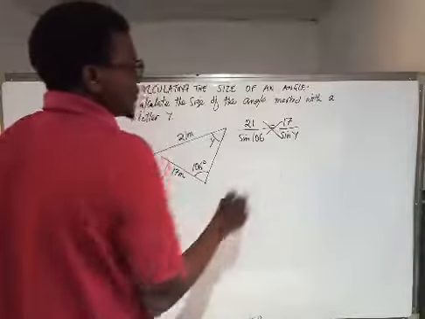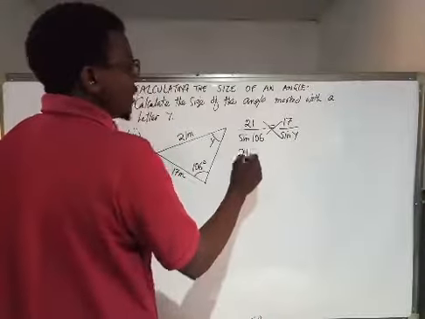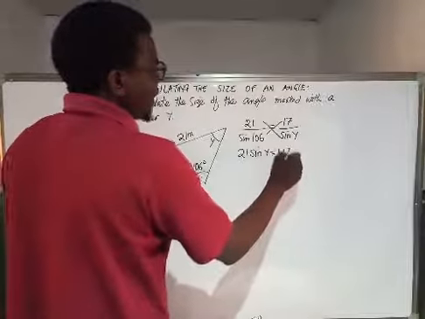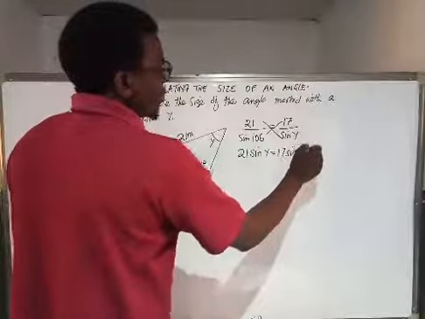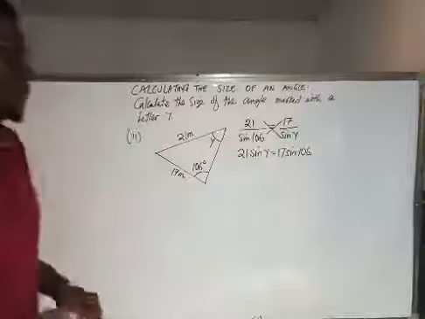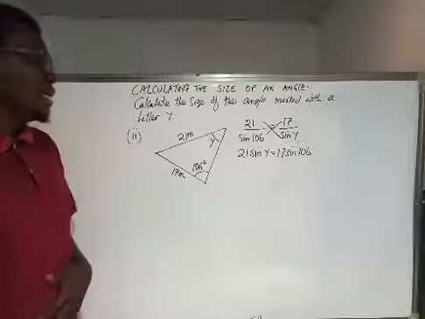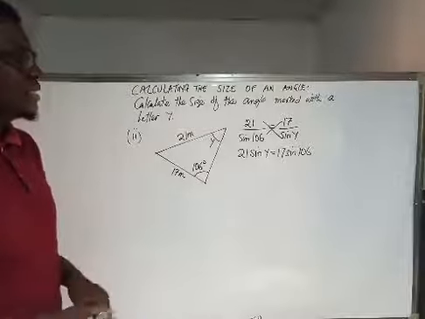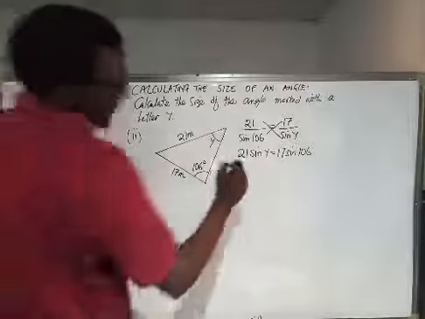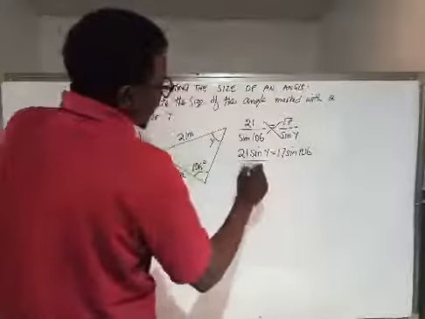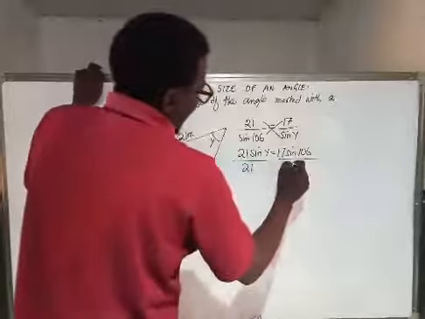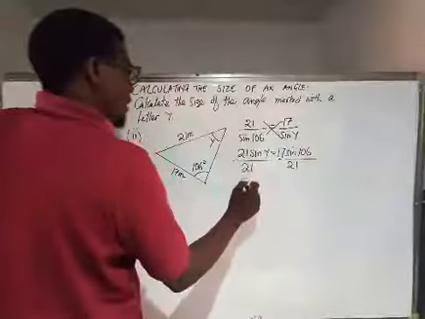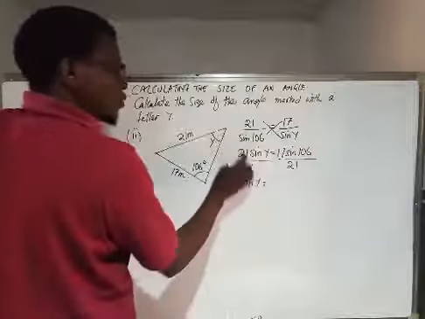So this is going to be 21 sine Y equal to 17 sine 106. Okay? Then we divide by 21 so that we remain with sine Y, because these two will cancel.